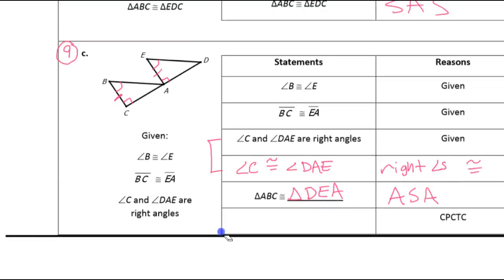If A is going to be the midpoint, that means that CA has to be congruent to AD. That's what it would take for A to be the midpoint. It would have to be equal on either side.